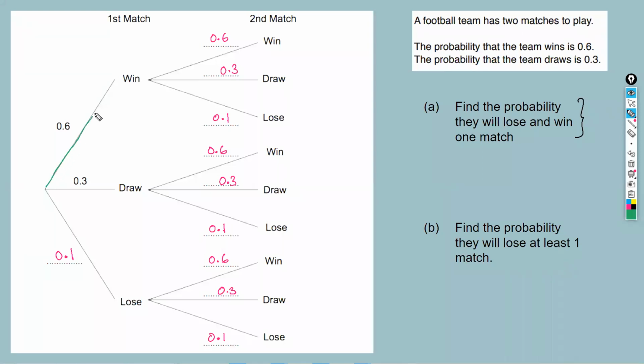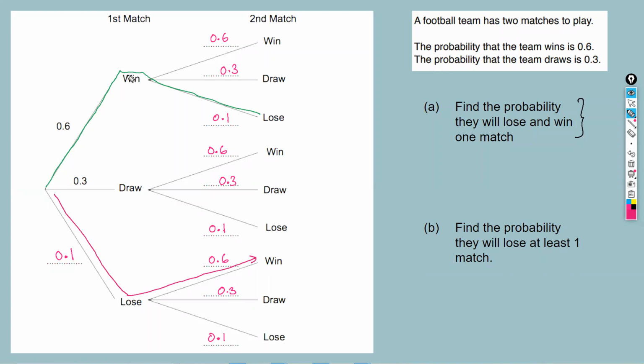You can win first, and when you reach the next match, you have to lose. So you win and then lose. Now you're still going pretty much horizontal from left to right. Or you can lose first and then win. I think those are the only two possibilities.